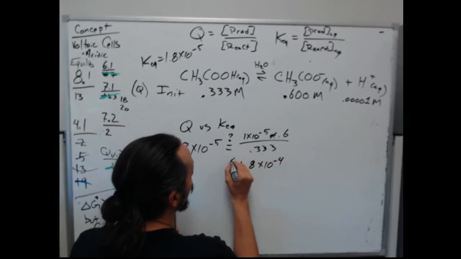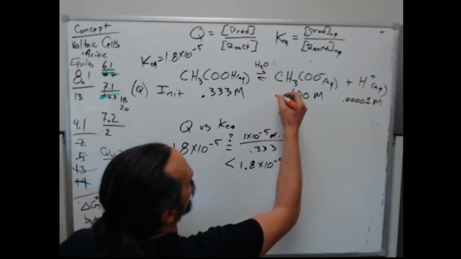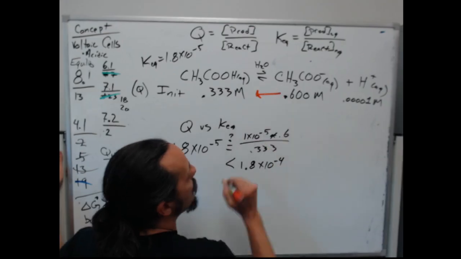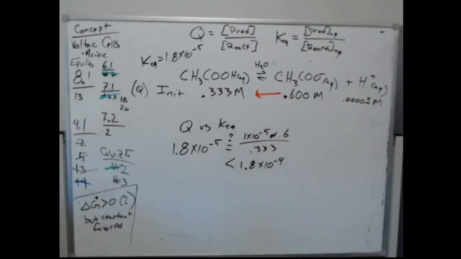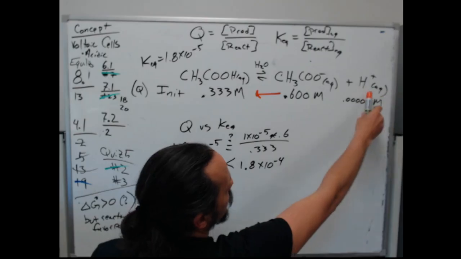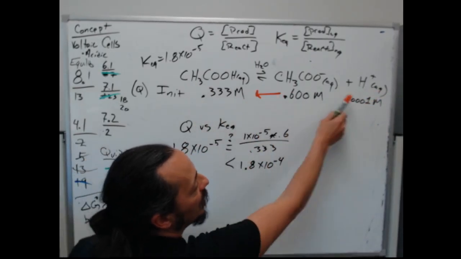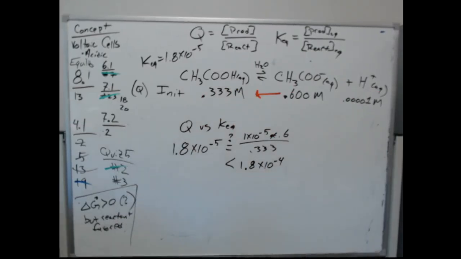My Q value is bigger than my KEQ value. So in this situation, my reaction would actually go backwards from how it's written. My acetate ion and my H pluses are going to react. This 0.333 should get bigger, and these both should get a little bit smaller, because when Q is greater than K, it goes to react.